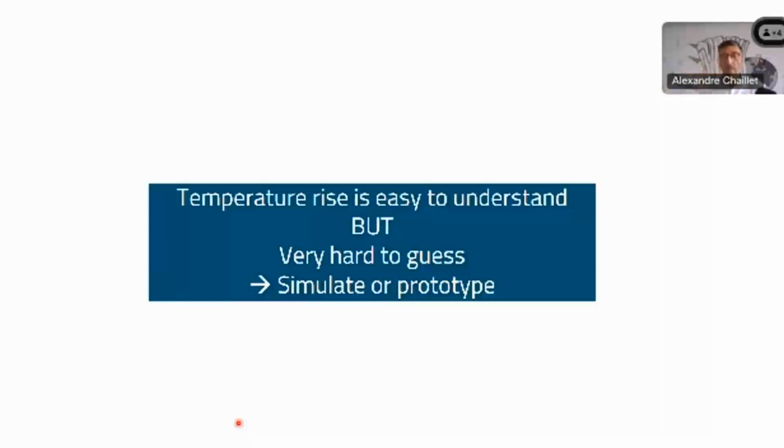But it is very complicated in reality and very hard to guess beforehand what your temperature will be in real life. So, either you simulate it with ANSYS or something like that, or you should do a prototype. If you have a doubt, you should do a prototype to check if the temperature is really what you think.